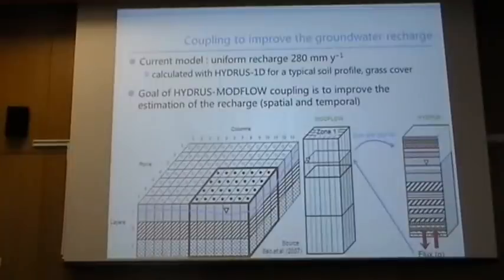Then you do the water redistribution within HYDRUS, within the unsaturated zone, and you get recharge and or discharge fluxes, which are then assigned to all the active cells for that zone. So that's the way this module is working, and which we tried to implement for a catchment.